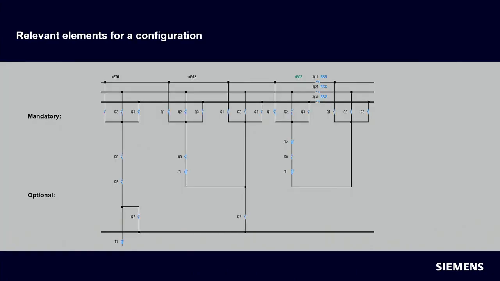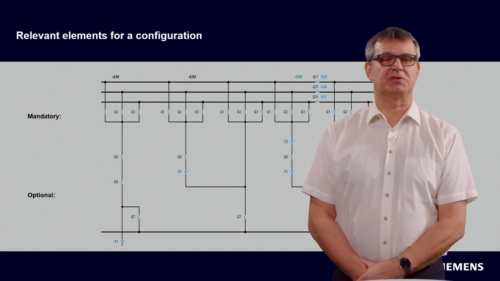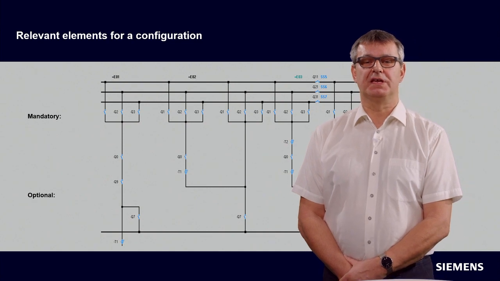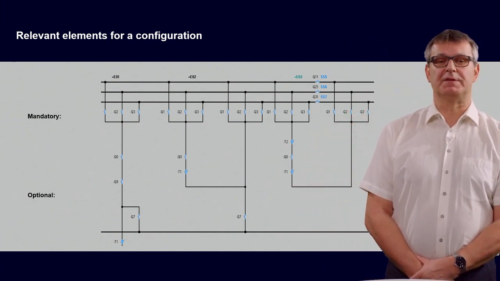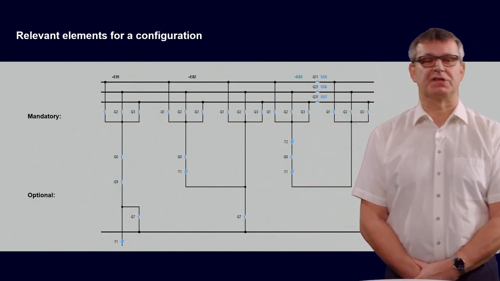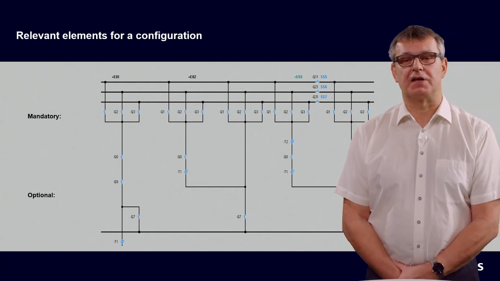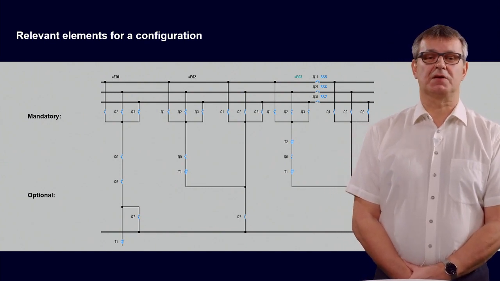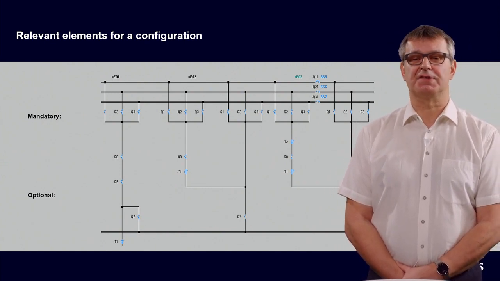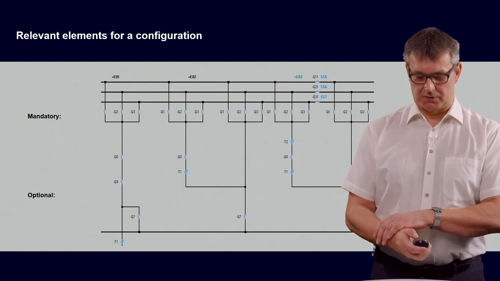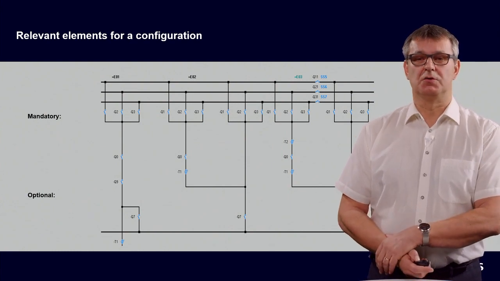What elements do we need to configure busbar protection systems? We see here a somewhat more complicated busbar protection system: a triple busbar with also a transfer bus system and one coupler. What do we need to configure?